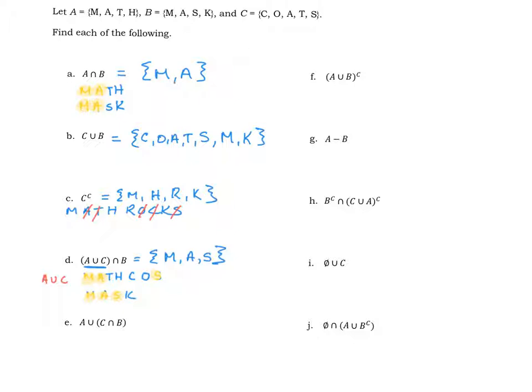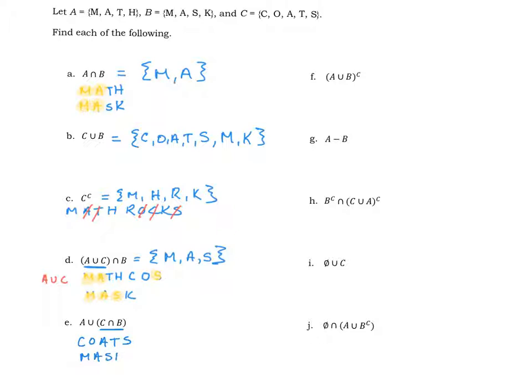Okay, in example 10E, if you use the order of operations, we need to do this first, right here. Do the parentheses first. So let's see what the intersection of C and B is. So what was in set C? C, O, A, T, S. And what was in set B?